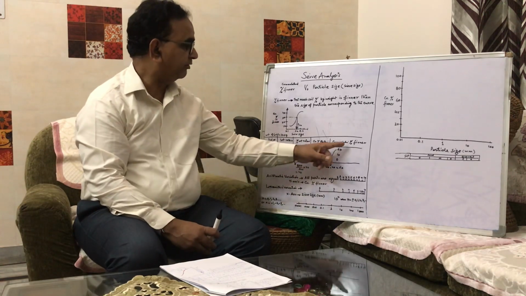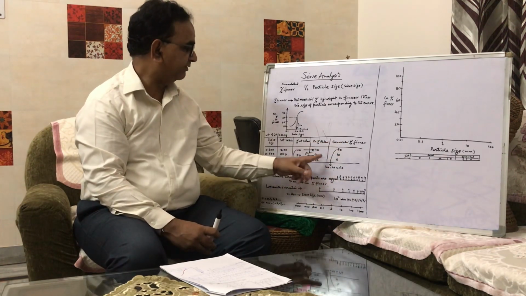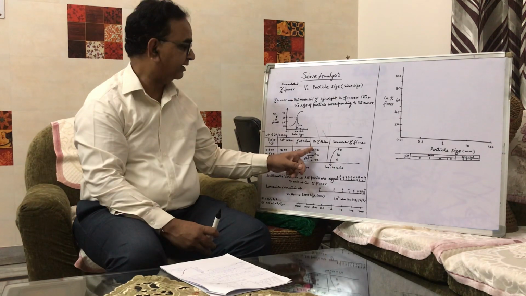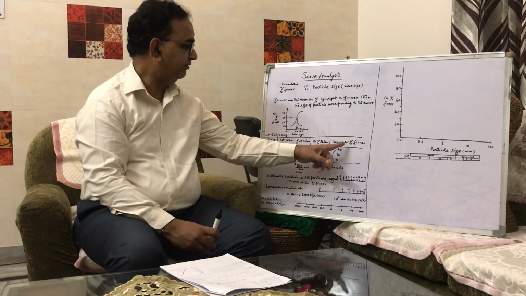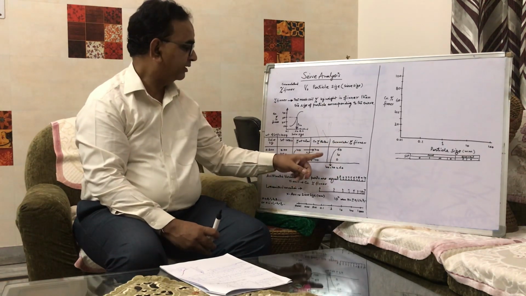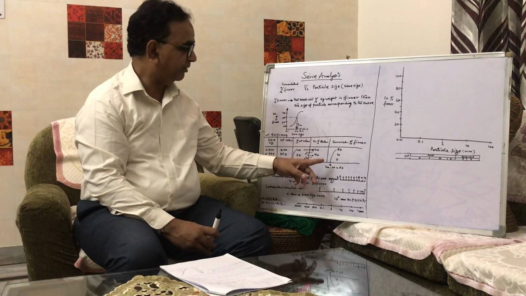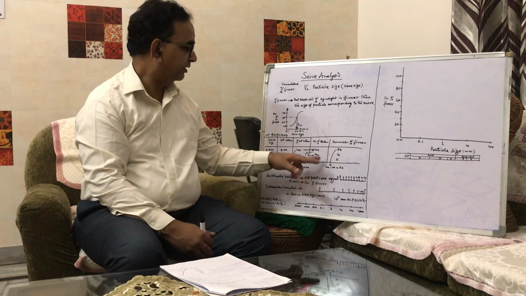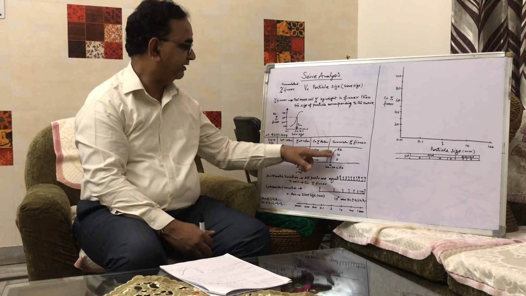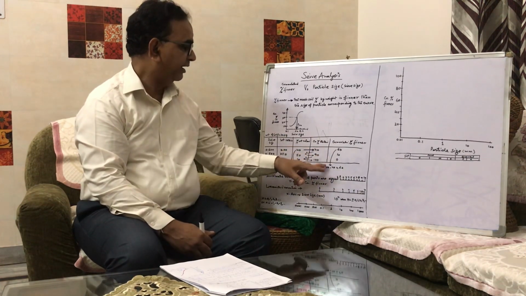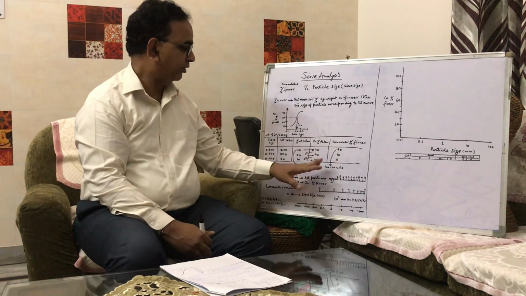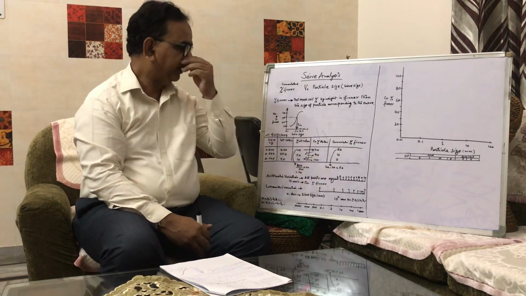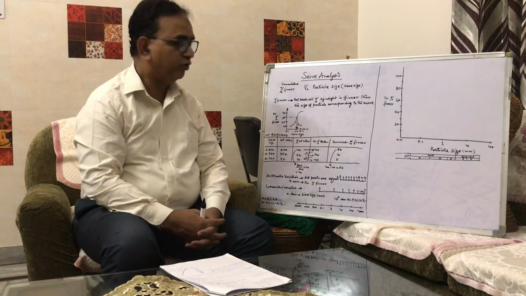Now the cumulative percent finer is 100 minus the cumulative percent retained. Cumulative percent finer means if you subtract the cumulative percent retained from 100, you will get the cumulative percent finer. So 100 minus 40 is 60, 100 minus 90 is 10, 100 minus 100 is 0. In this way you have the cumulative percent finer.